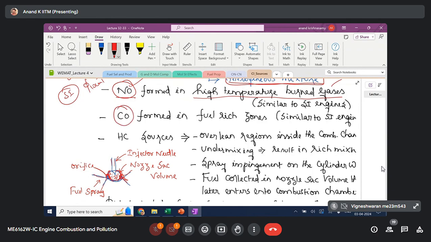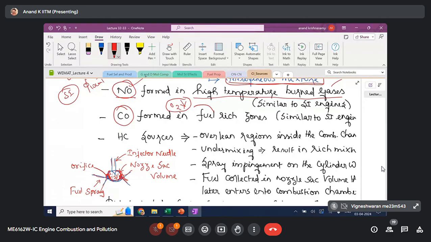CO is formed in fuel-rich zones wherever you have oxygen deficiency. In fuel-rich zones, you know that oxygen availability is less, and that is what causes the partial oxidation of carbon in the fuel. CO is due to partial oxidation of carbon in the fuel. Complete oxidation will lead to CO2. Wherever you have less oxygen, you will have only partial oxidation of carbon, so carbon present in the fuel will get into CO rather than CO2.